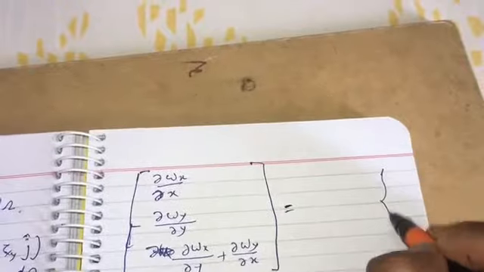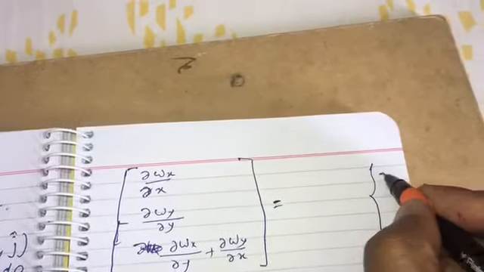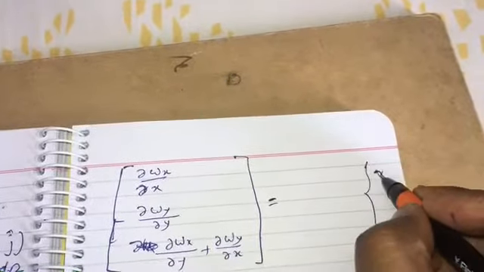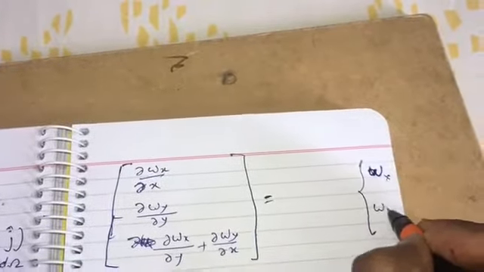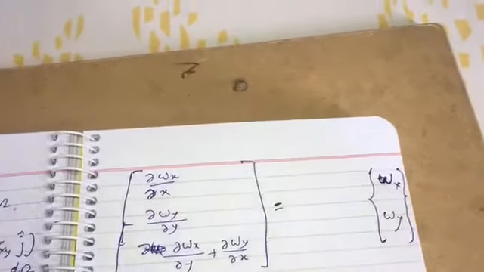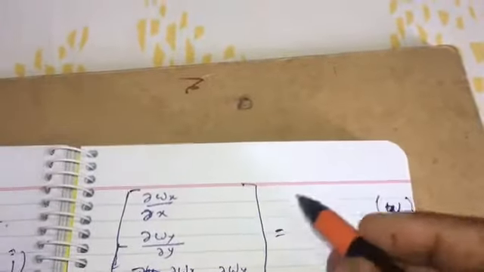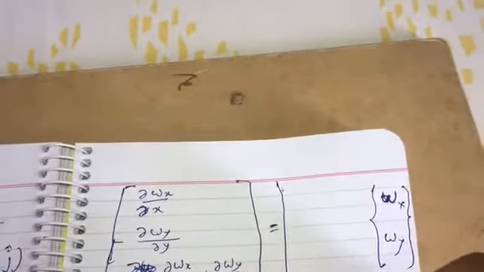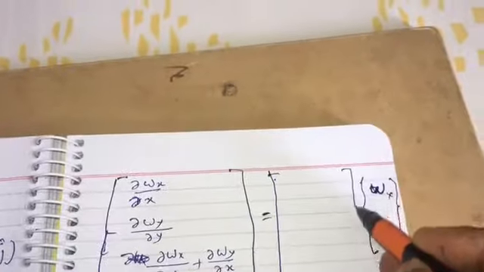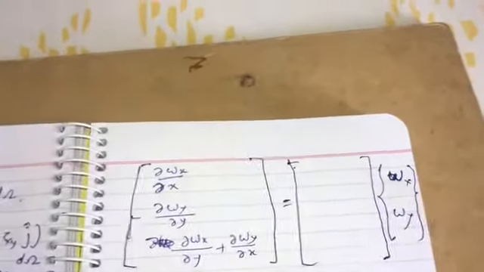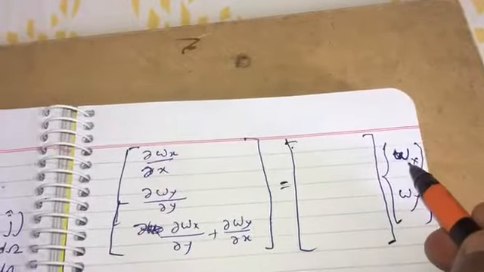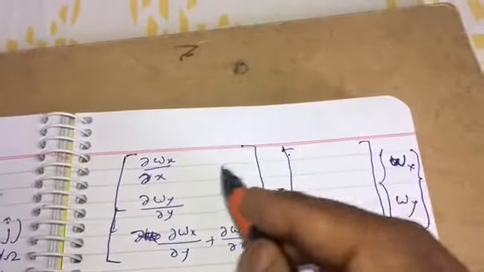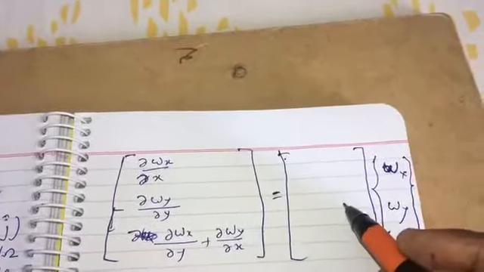We want it in terms of wx and wy here. So there will be a matrix which will come here. So which matrix? Let's write it like this and we will fill it up later. So here wx, this is nothing but an operator matrix.